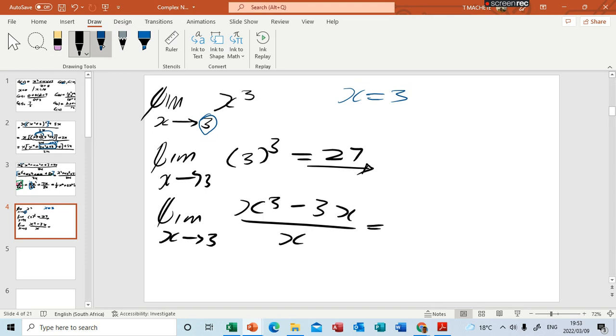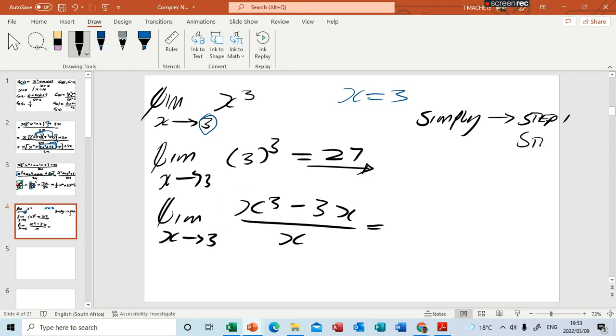If you've got something like this, the first thing that you do, you have to simplify. You don't substitute. The first thing that you do, you simplify, then you substitute after. I'm going to write it here. Simplify. That's your step 1.